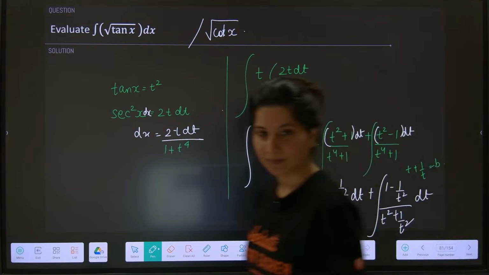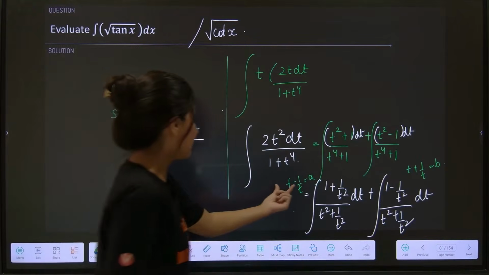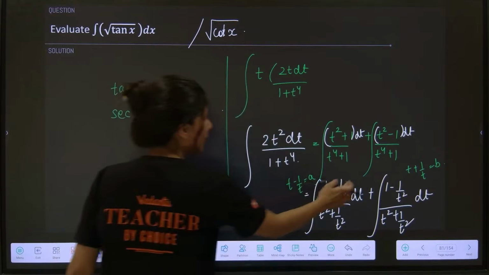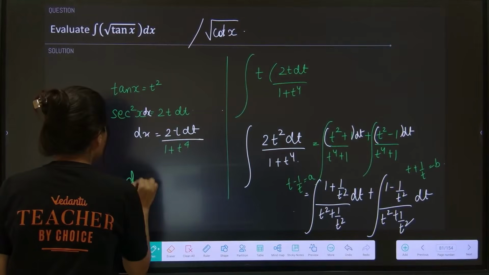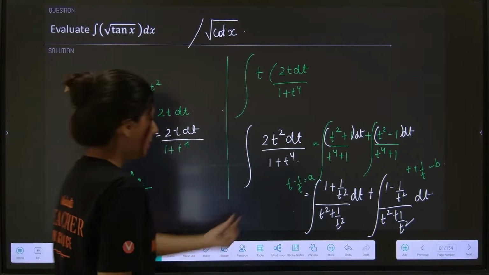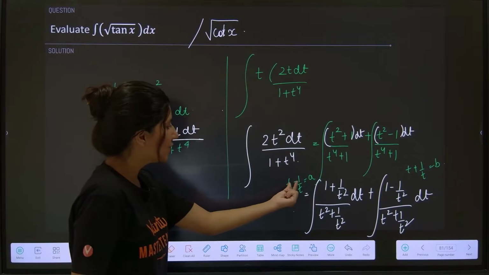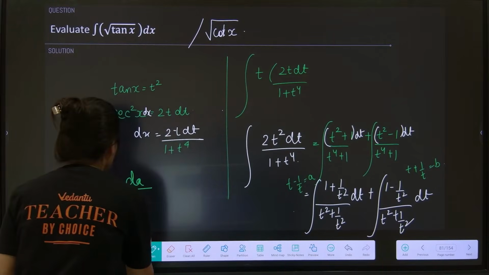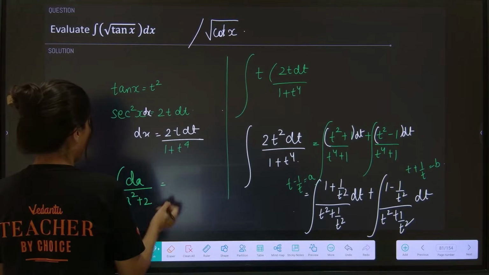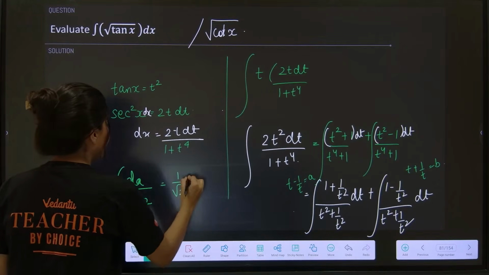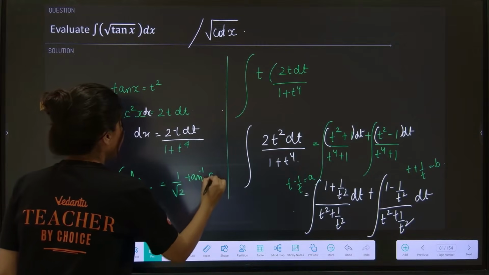Right or wrong? So if you differentiate, you will get dA. I1 will be what? dA upon, now this t square plus 1 by t square, so this is a square plus 2. It is going to be 1 by root 2 tan inverse a by root 2.